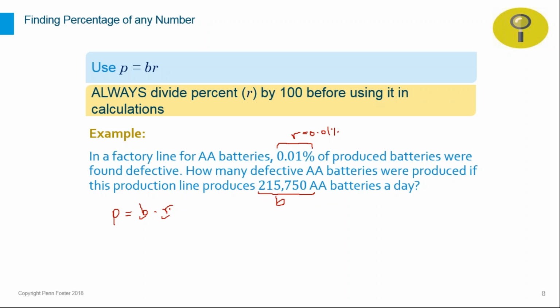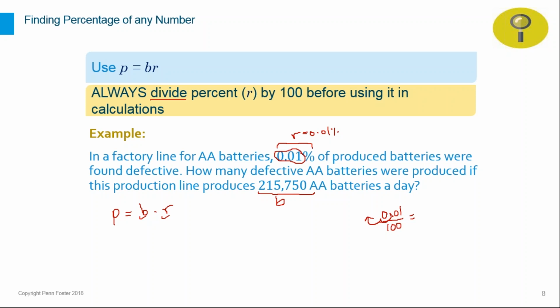Now remember, I'm not going to use this value as is. I have to divide it by 100. So I need to switch this number to the decimal form of the percent. So remember, I'm going to divide 0.01 by 100. Whenever we divide a decimal by 100, we always do what? Move the decimal point twice to the left. 1, 2.